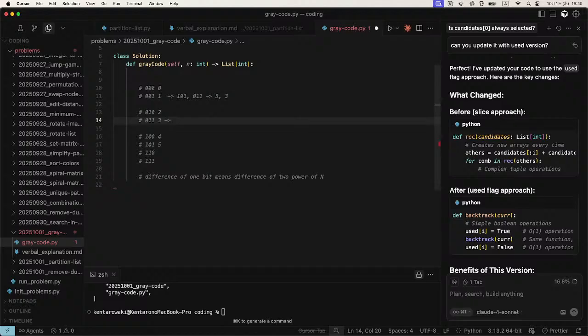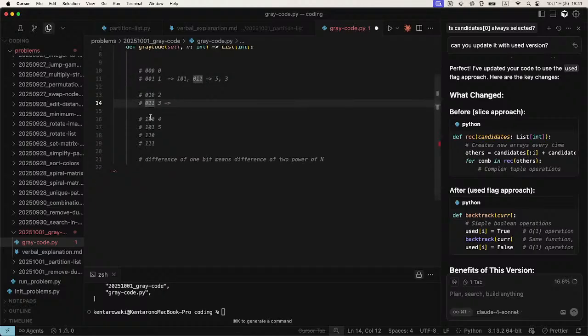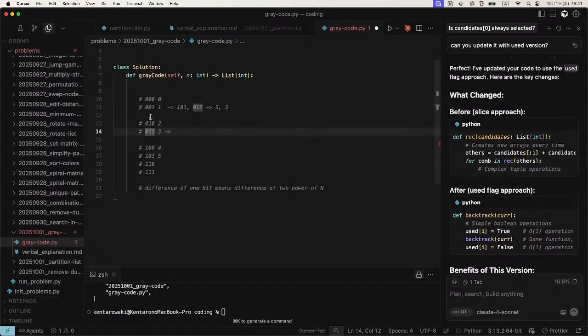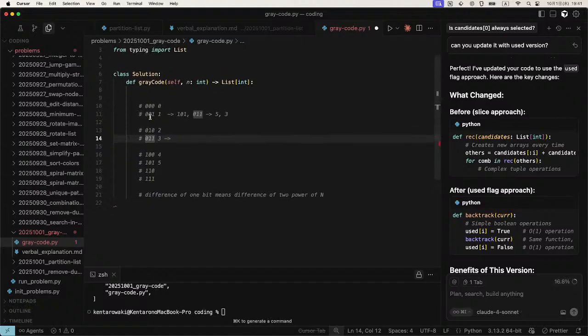Yeah, and basically we scan from the smaller one, so we think about changing 0 to 1. So in this case we think about this case, only this case.